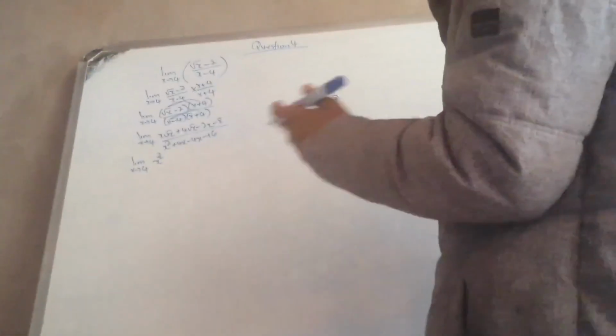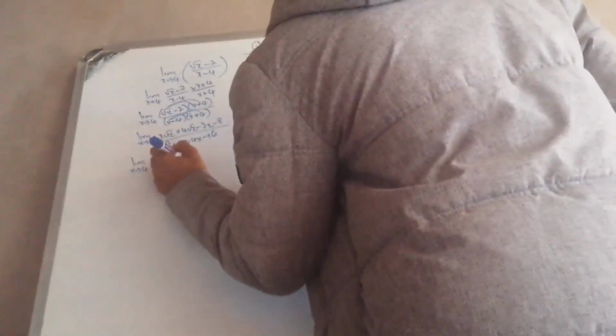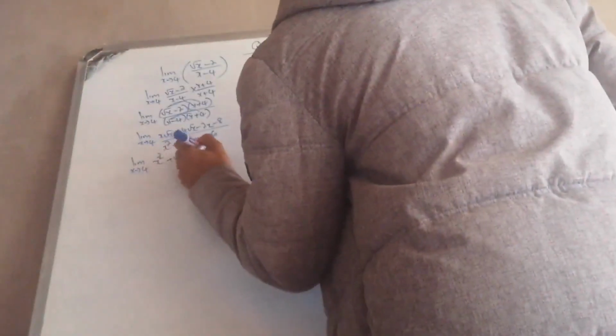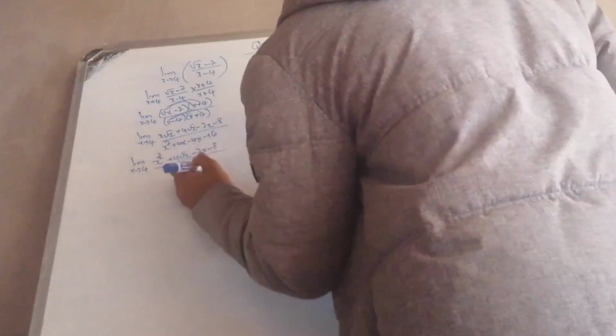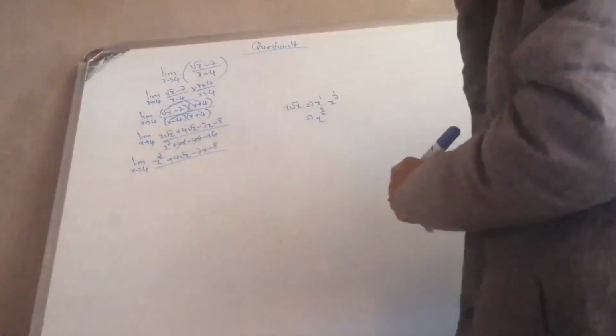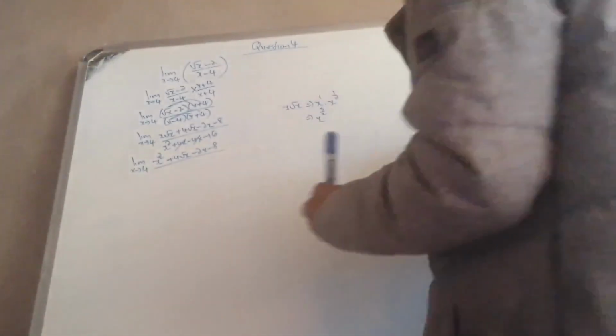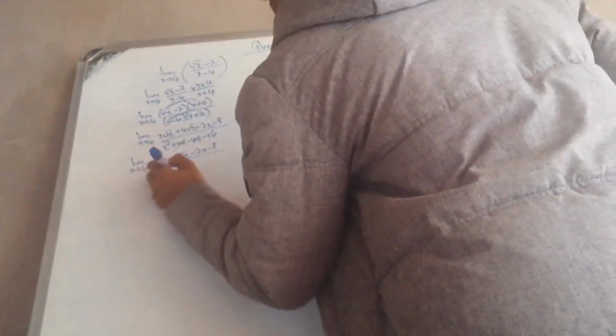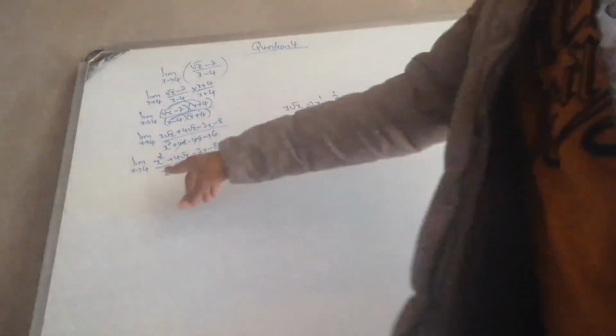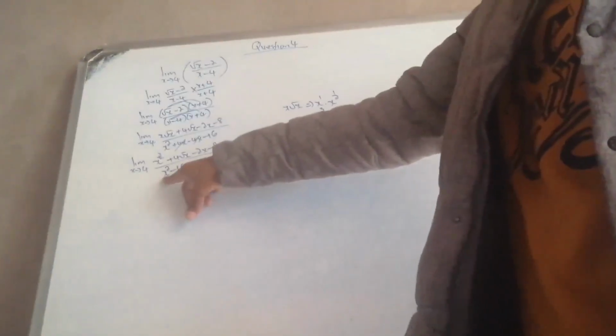There's nothing that I can change in that, so I would still have 4 root x minus 2x minus 8. These terms are like terms, positive and negative, so they would cancel. And you have your x squared minus 16. You still have a problem with this, because when you plug in 4 there, this is going to be 0.